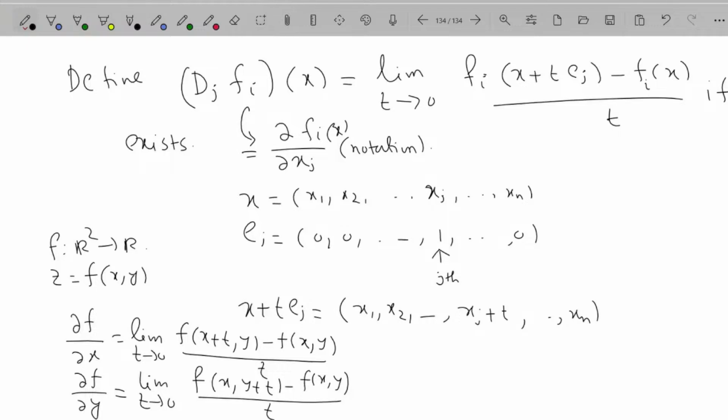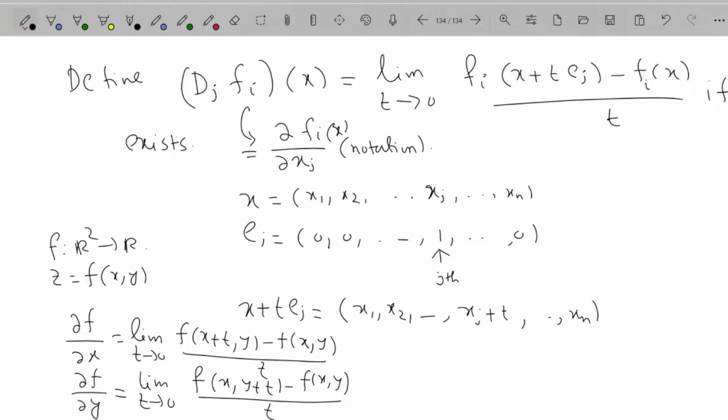So we'll just say that this is a partial derivative. We're not going to say the partial derivative of what and what, just a partial derivative. Yes, because we are defining it on the component function. So it's the ith component function with respect to the variable j.